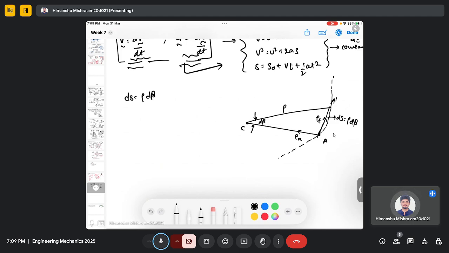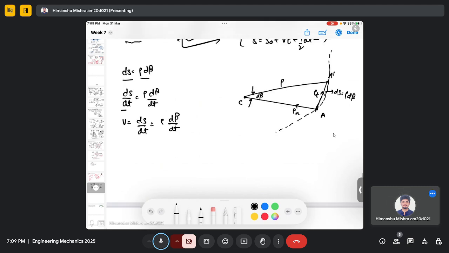Now if I assume that my radius of curvature is independent of time, then if I take the derivative of this equation in time, I will get ds by dt equals rho d beta by dt, and this ds by dt is my velocity. So v equals ds by dt equals rho d beta by dt, and I can write this as rho beta dot. Dot means I am taking the derivative of that quantity with respect to time.